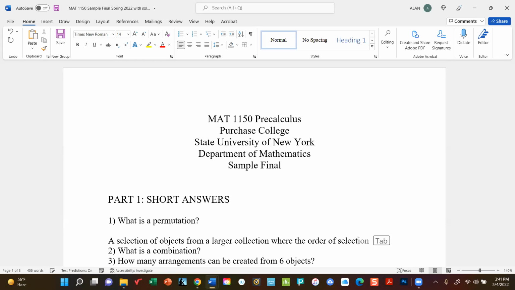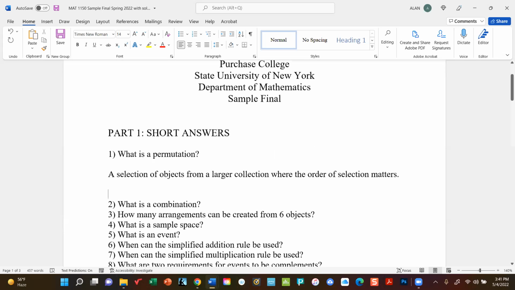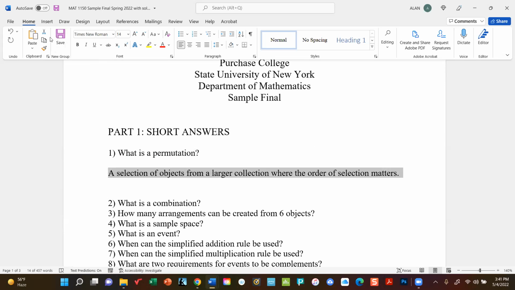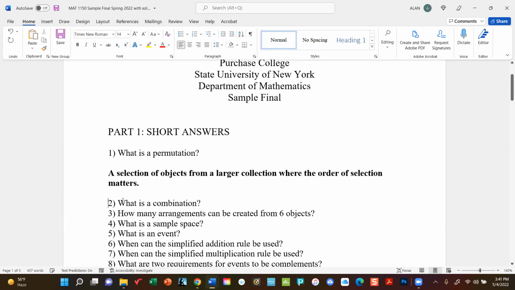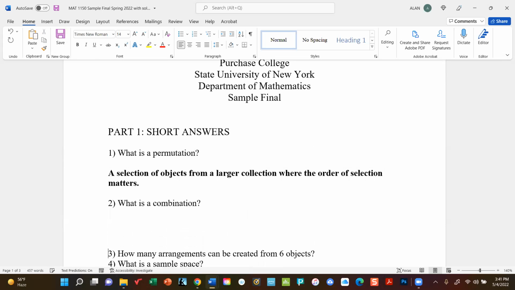That's the key to the whole thing. The order of selection matters. So like license plates would be a good example of that, because the order of the letters does matter. It really does make a big difference.